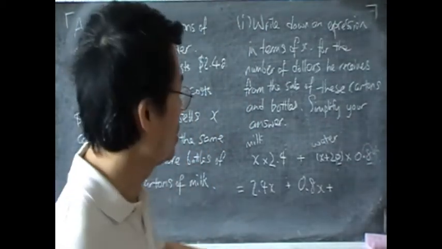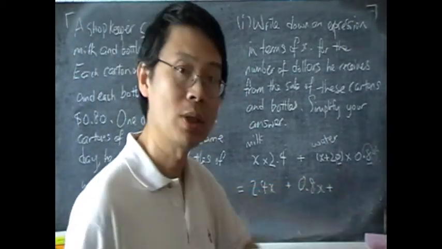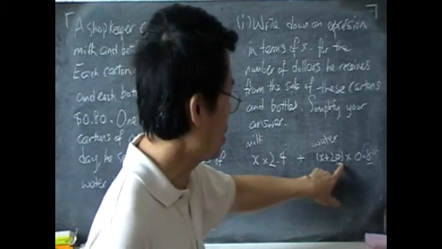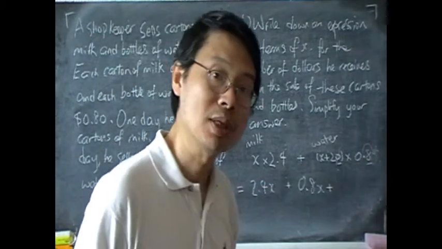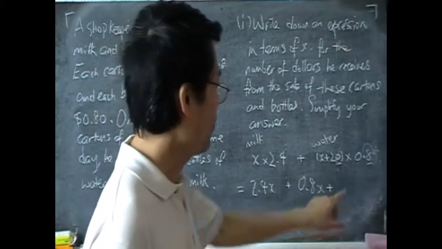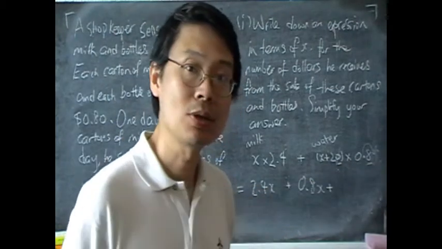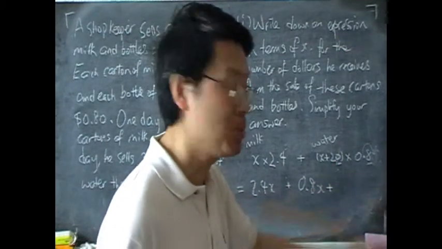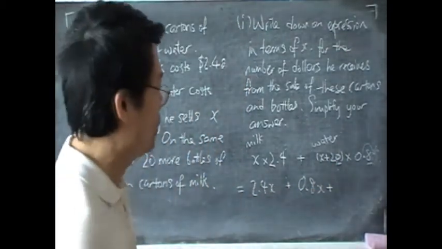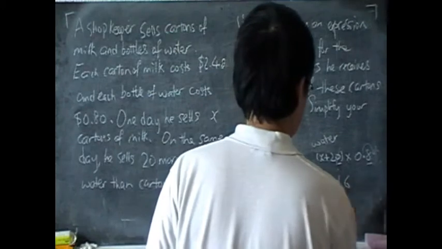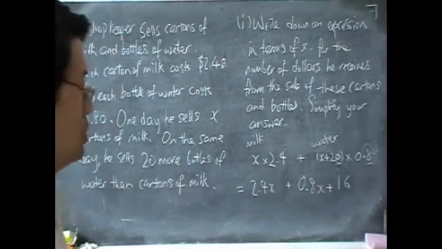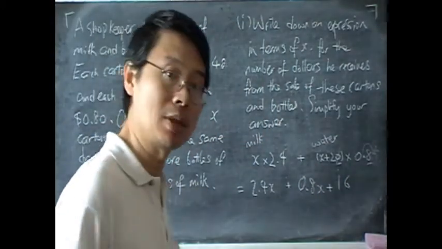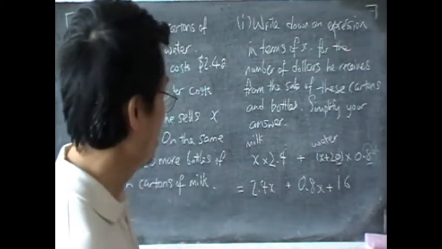You can do it mentally or you can write it down. We end up with just 2 times 8, which is 16. Okay, so that's a quick way to get to the next step.